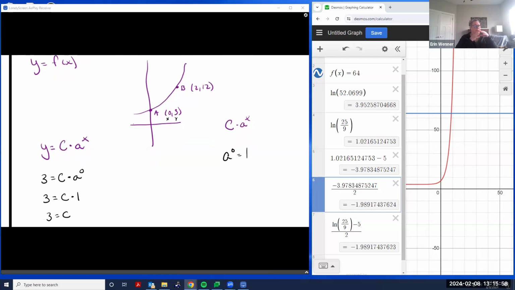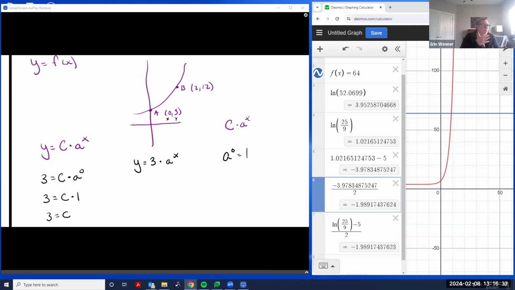Because we have to continue to whittle this down. So we have our final equation that we're writing is y equals some number times a number to the power of x, right? We want to only have our variables be x and y. So knowing that we have that first ordered pair, we can solve so far by saying, okay, well, y equals 3 times a to the x, because we've solved for c because of the fact that it goes through (0, 3), right?